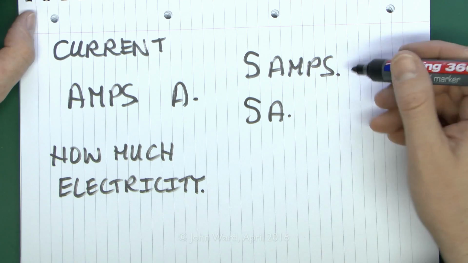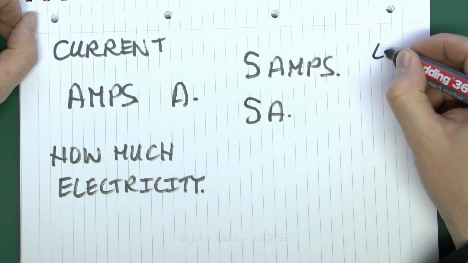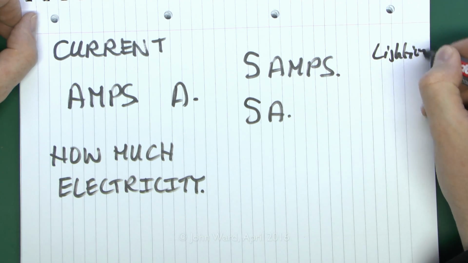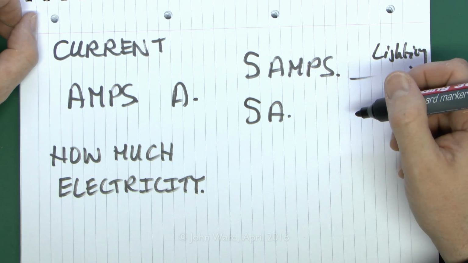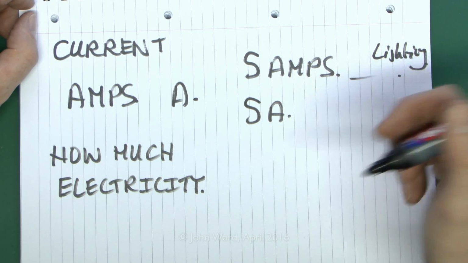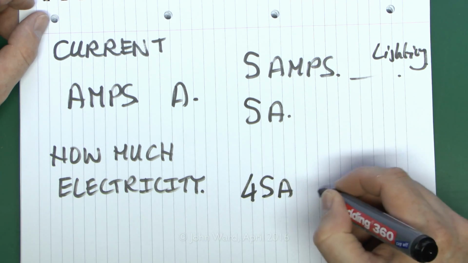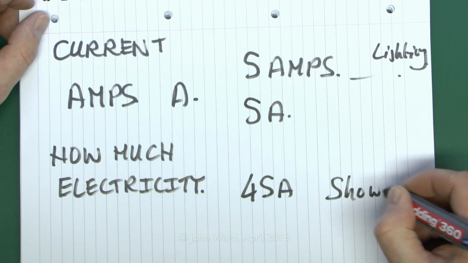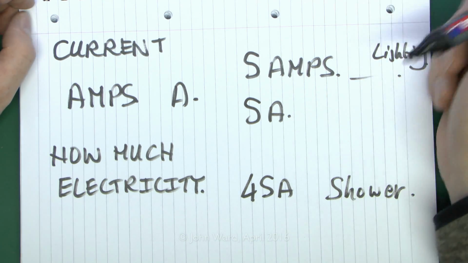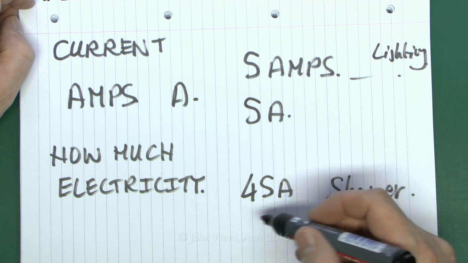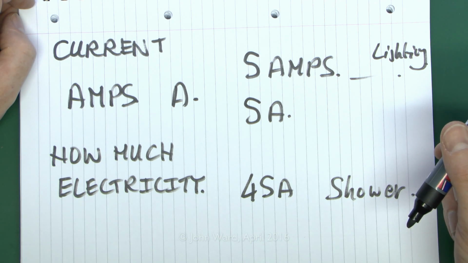So for example, a 5 amp circuit might typically be used for lighting, and that's a fairly moderate amount of power. But if you had a huge electric shower, you might require, say, a 45 amp circuit. The shower is considerably more powerful, therefore it needs a lot more electricity to actually make the thing operate correctly.